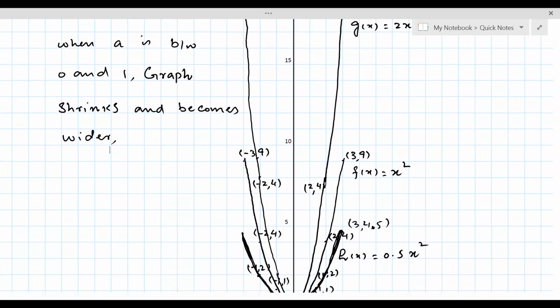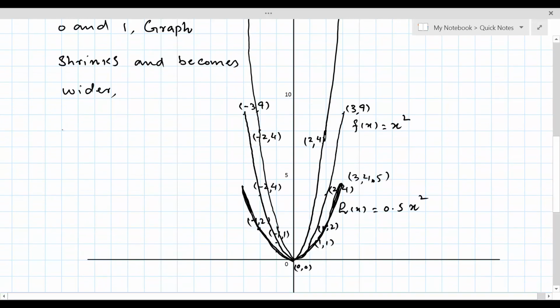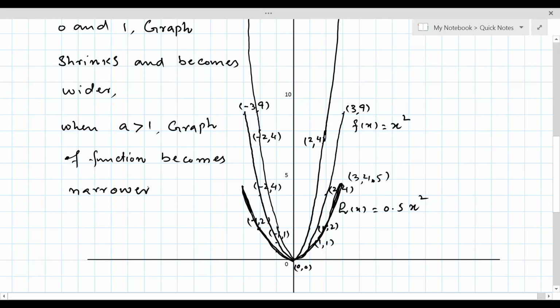When A is greater than 1, the graph of the function becomes narrower and stretches.